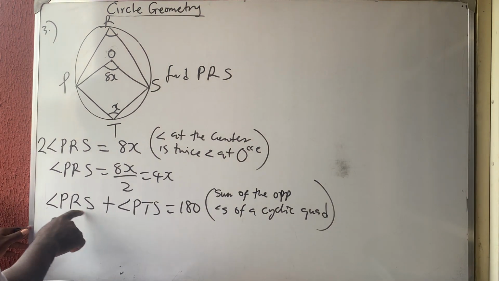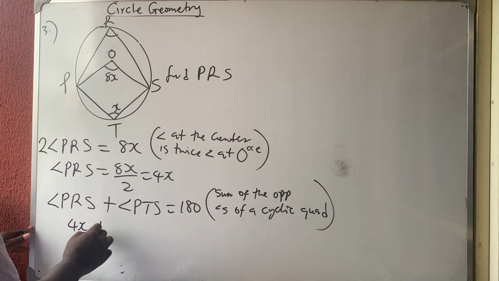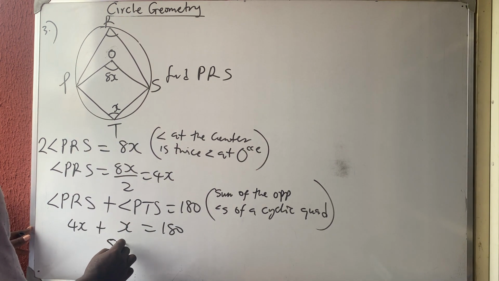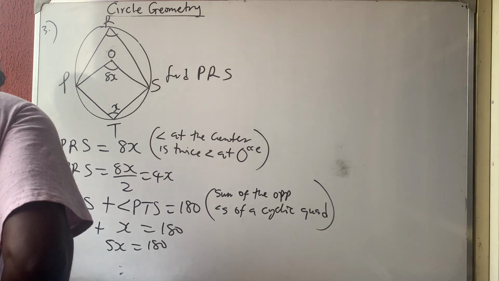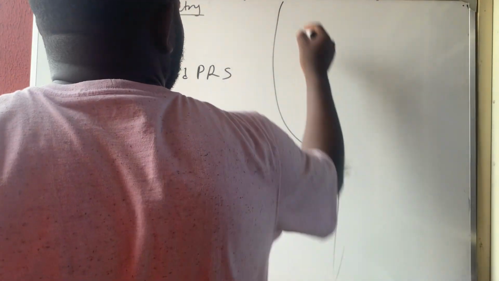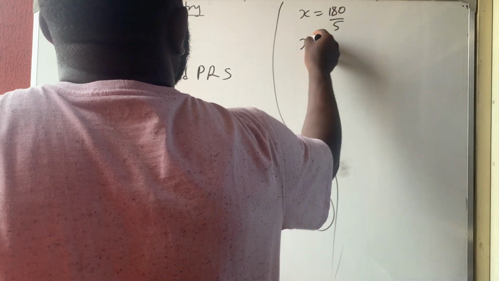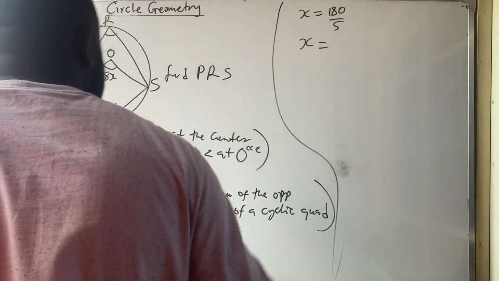So what do we have now? PRS, I've gotten it as 4x, plus this one is x, is equal to 180. So therefore 5x is equal to 180. To get my x, x is equal to 180 divided by 5, so x is equal to 36.